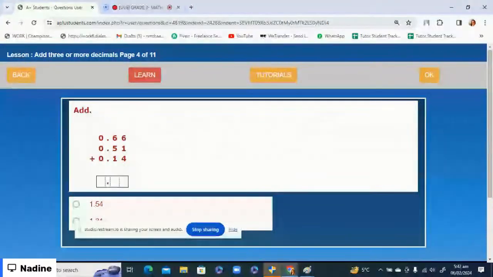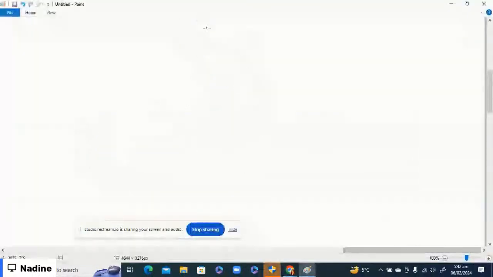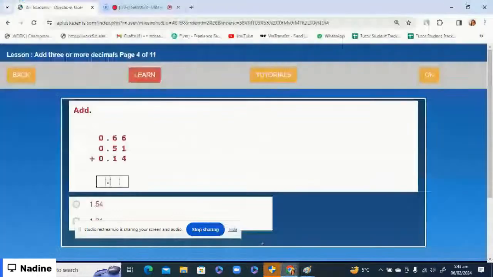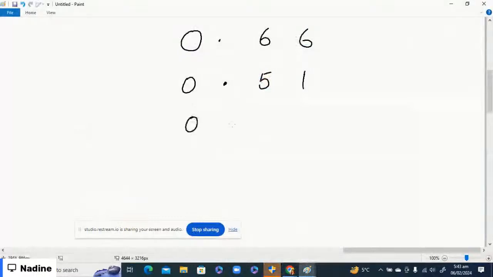Now just solve this one. 0.66, 0.51, and 0.14. And it's addition.